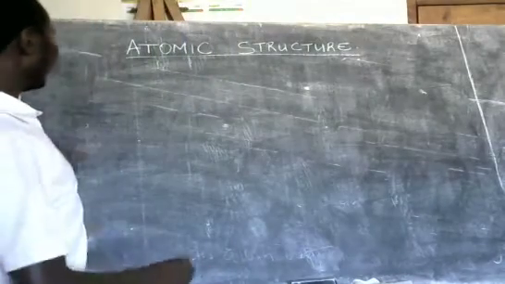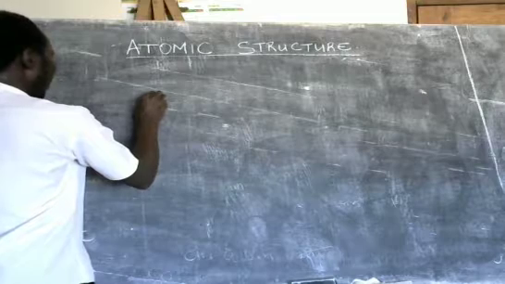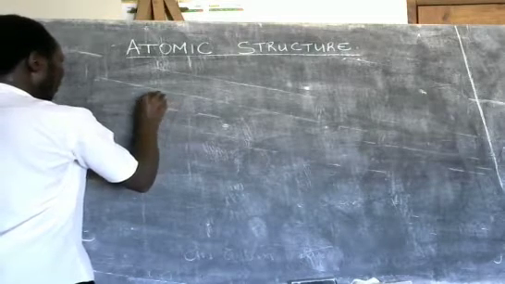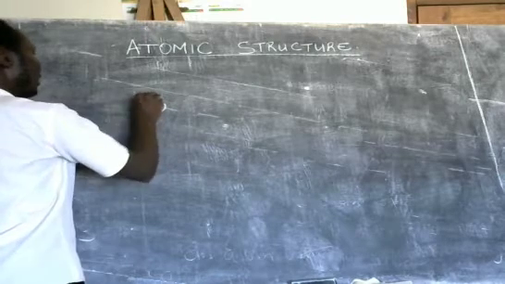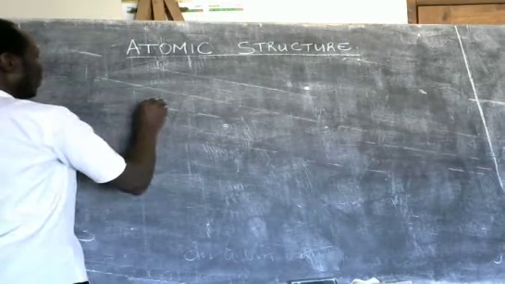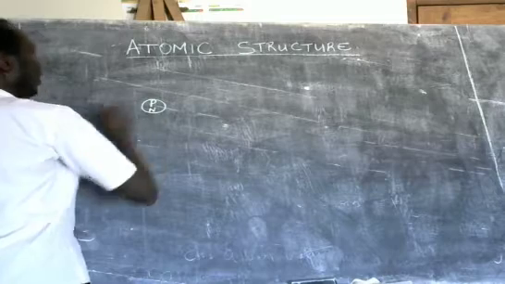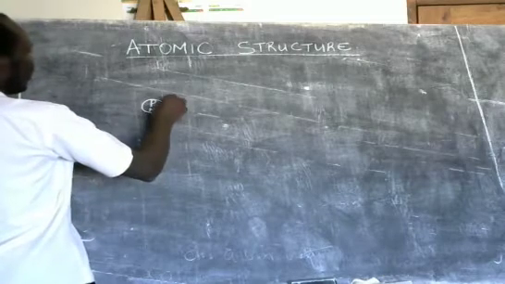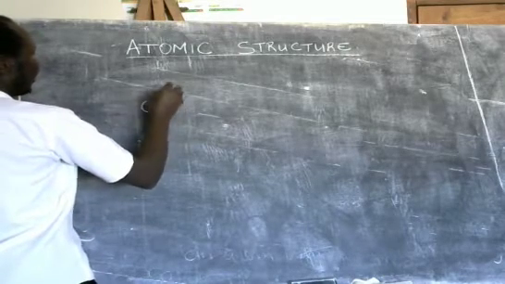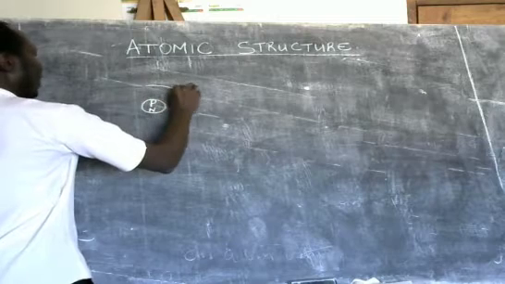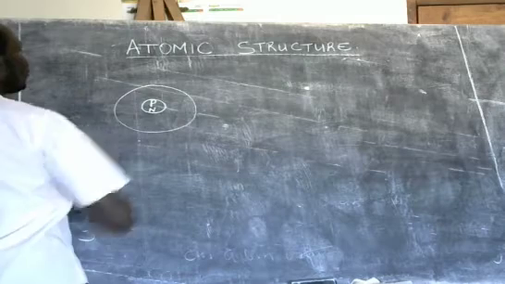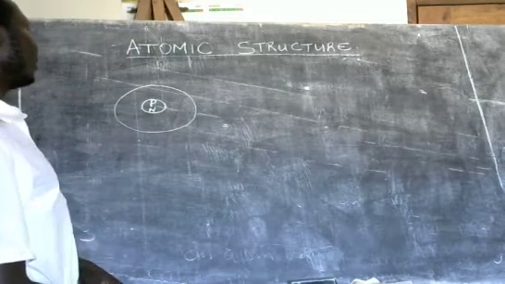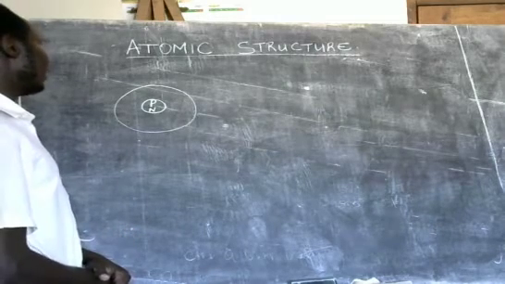Diagrammatically, this is the structure of the atom. I've talked about the atom having a proton. The proton is represented by P, and the neutron is represented by N. Then this is the nucleus. The nucleus is surrounded by the orbit or the shells, which is also called the energy level.